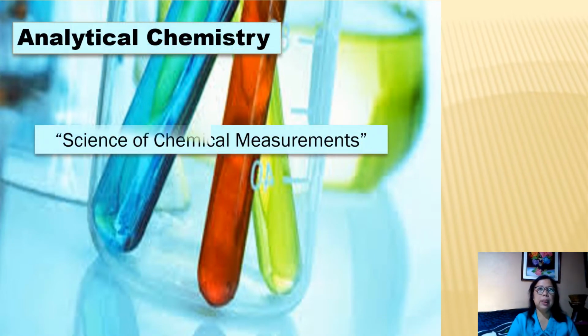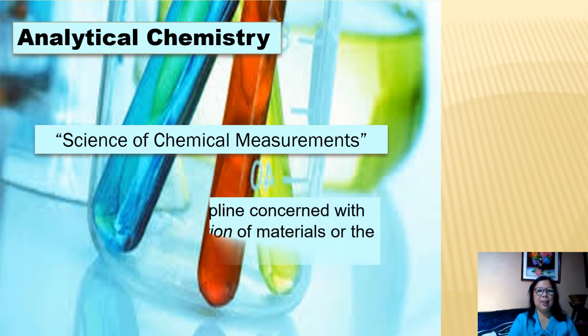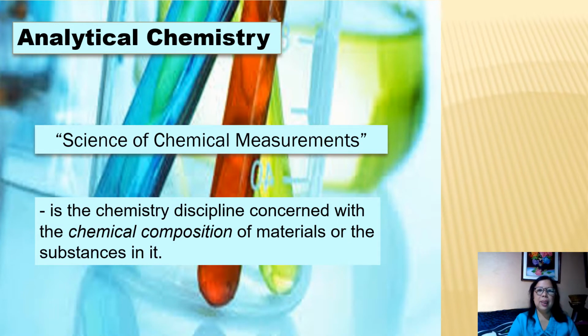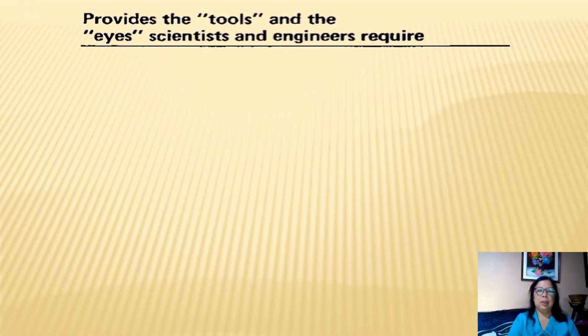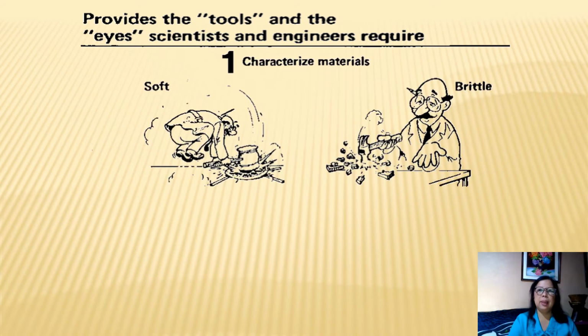Analytical chemistry is sometimes called the science for chemical measurements, and it is the chemistry discipline concerned with the chemical composition of materials or substances in it. So analytical chemistry provides the tools and the eyes scientists and engineers require.